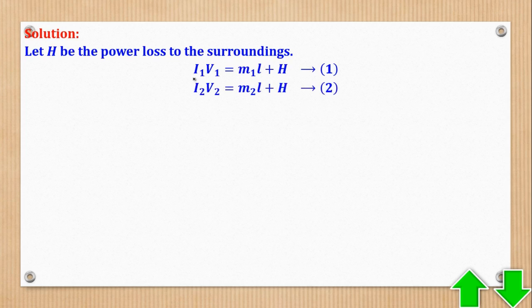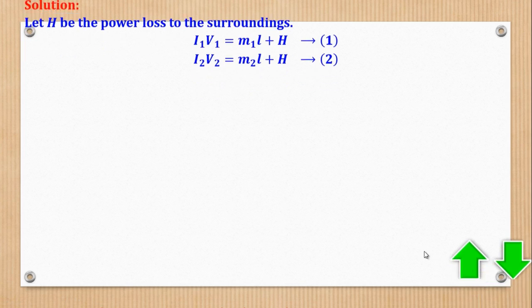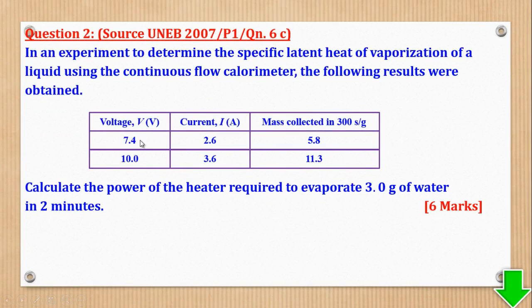So there are 2 sets. There is this and also this. This is for the first set and this is for the second set, because if you look at the question here, there are 2 sets. There is this set and also this set of V1, I1, M1, then V2, I2, M2.